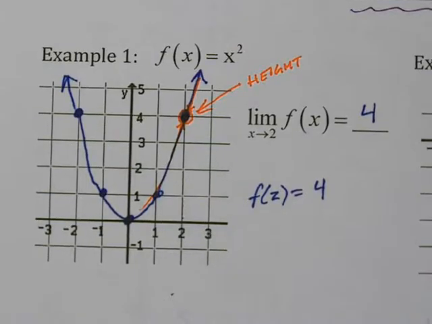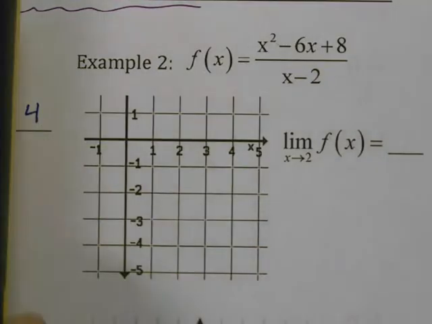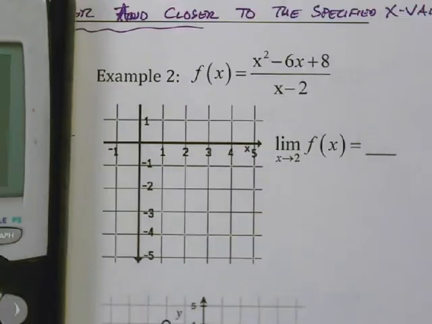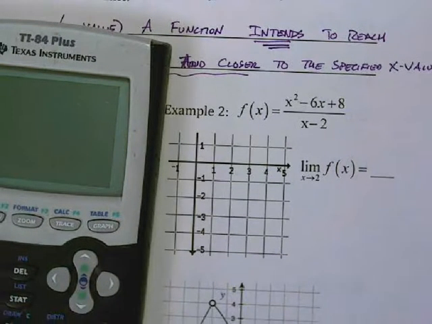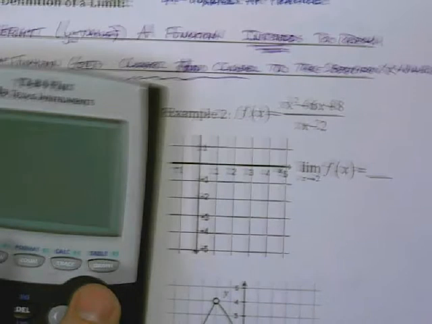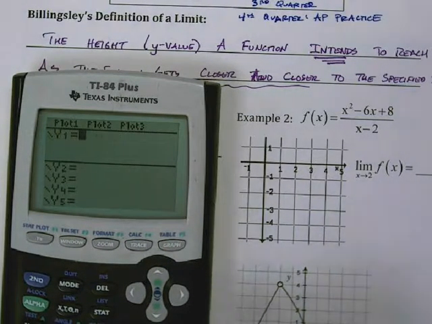Here's what could come up on the AP test. Now, if you don't have a graphing calculator, go ahead and grab one. I'm going to get mine. Actually put in that original function into your calculator.